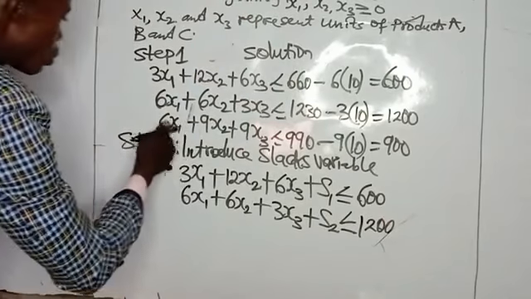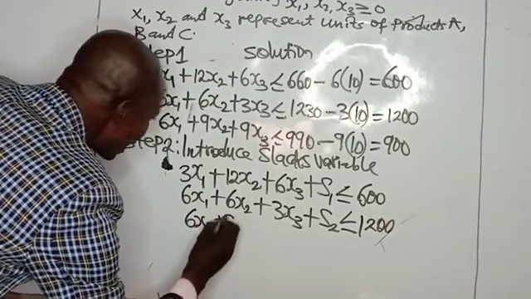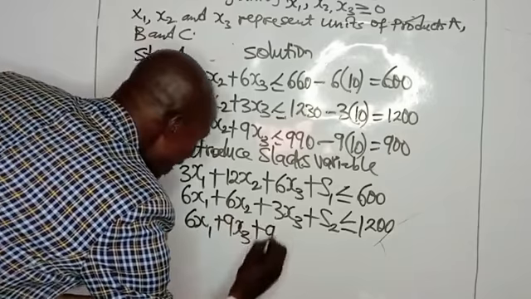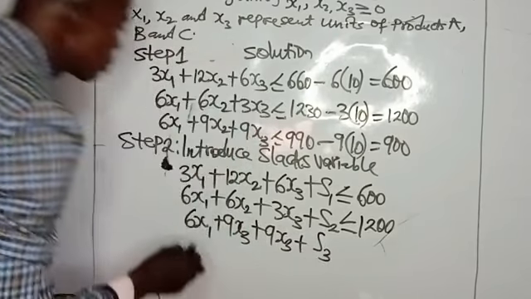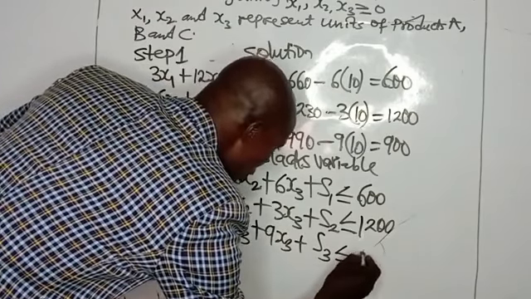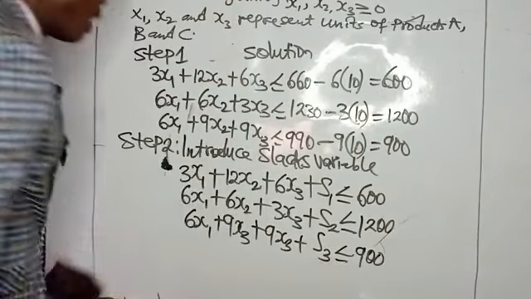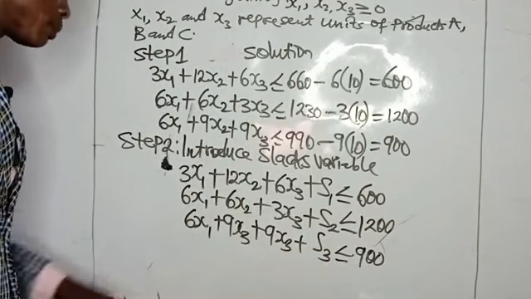Then the third one, we have 6x1 plus 9x2 plus 9x3 plus slack 3, then less than or equal to, we are left with 900. Now, we've introduced the slack variables.